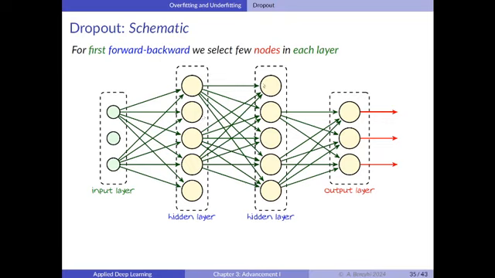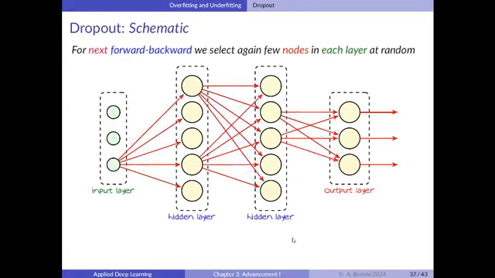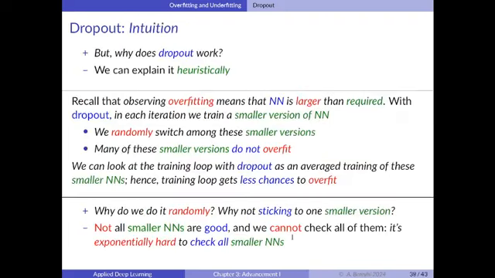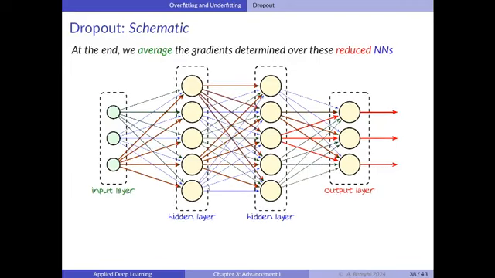This node is activated here. And also these two are deactivated. Randomly we continue doing this, but at inference time we use the complete and dense version of this network.